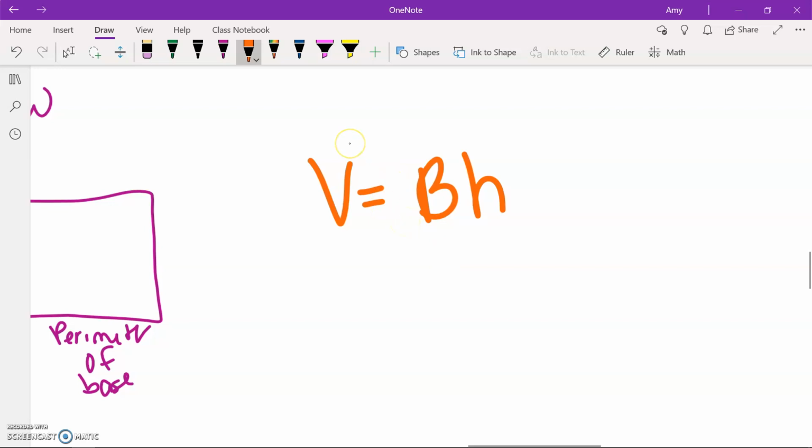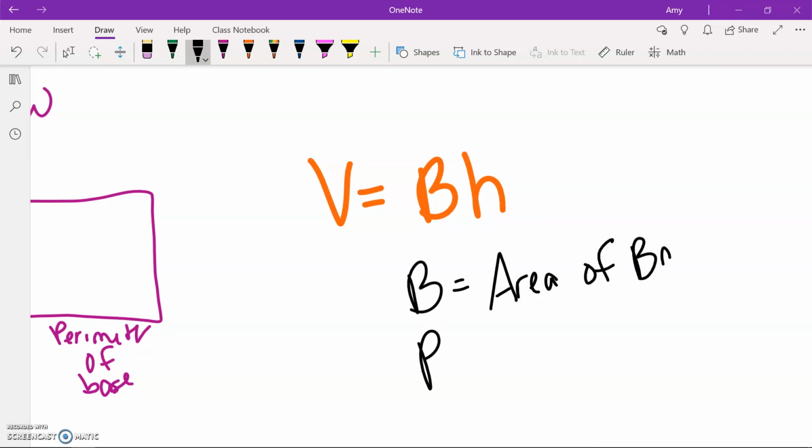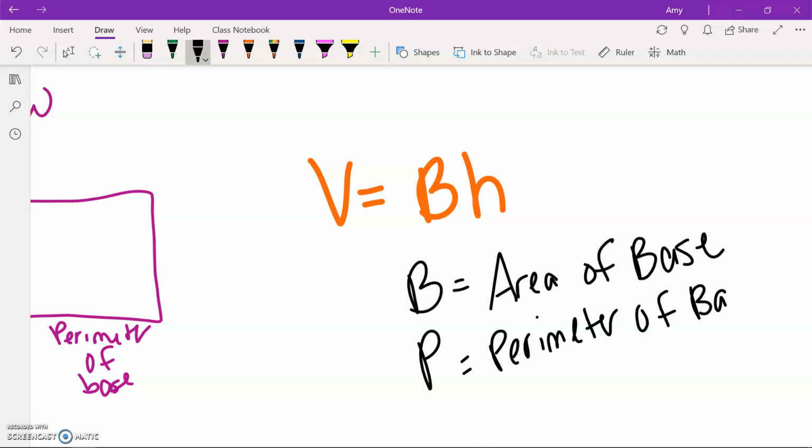I want to show you those capital letters, B and P. B means the area of the base. So you are going to have to calculate the area of the base, whatever shape that is, if it's a circle or a triangle or a trapezoid. You're also going to have to calculate the perimeter of the base.